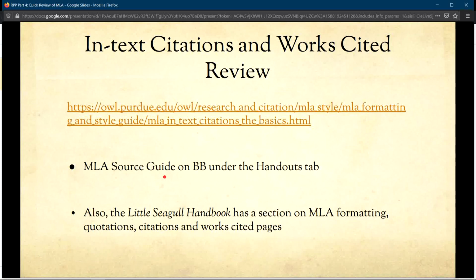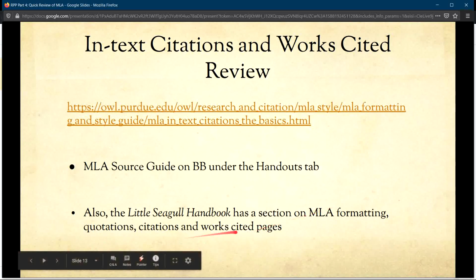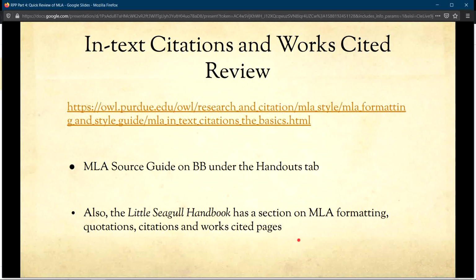It is that document that Cassie, our research librarian over at GCC, wrote for our class. It tells you how to do in-text citations and also a works cited page. Also, if you still have a copy of the Little Seagull Handbook, it has a section on MLA formatting, quotations, citations, and works cited pages. So if you need a review on that, please visit those sources.